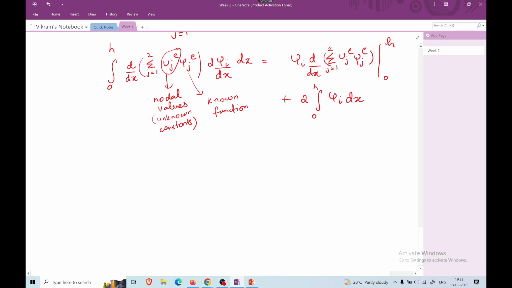Same thing for psi I also. Psi I and psi j are just the same, only the subscript varies.